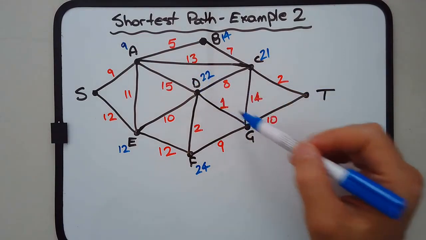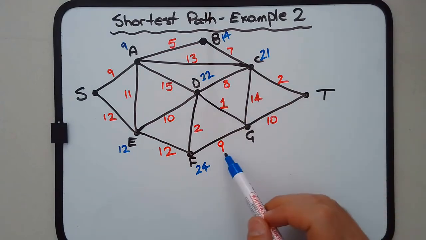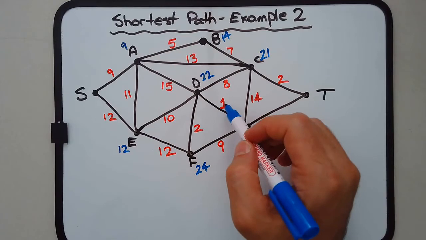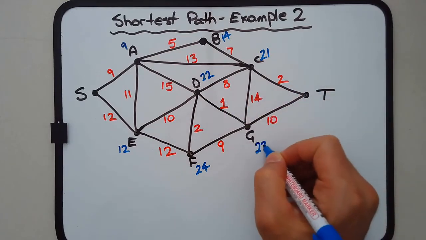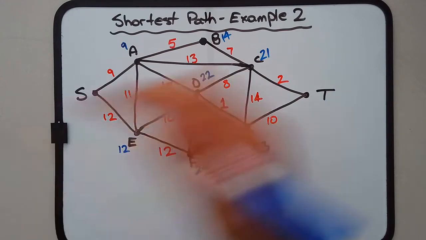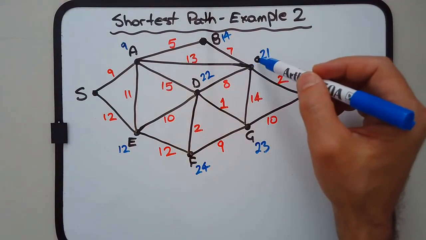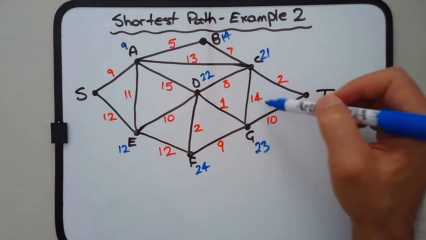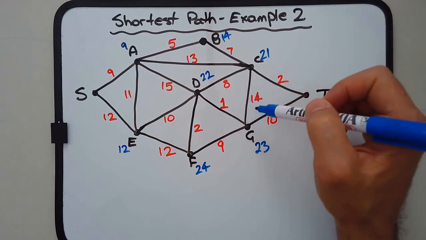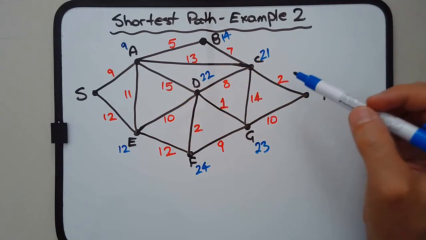If we add 1 to that, you get 23. 24 plus 9 is 33, that's way off. 22 plus 1 is 23, and 23 has it. That's definitely the better option there. And if we go from vertex C to G, adding 14, that's 35, which is again way off. So this edge here is a very large number relative to some of the other edges.